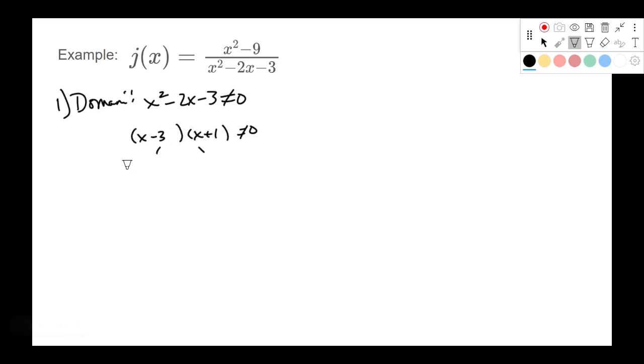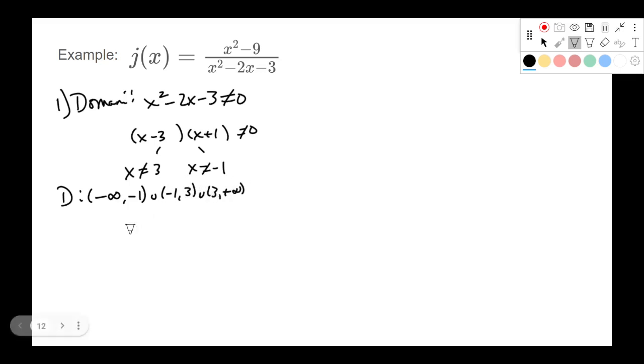I can split them, so I'd get x equals 3 and x equals negative 1. Those are my two restrictions here, my two discontinuities. So my domain is negative infinity to negative 1, in the union with negative 1 to 3, in the union with 3 to infinity.